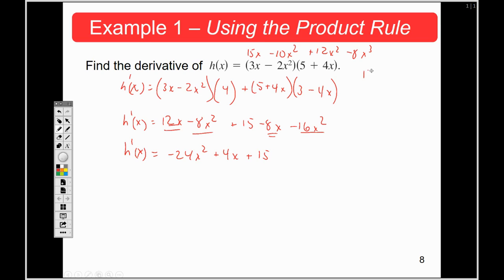So if I had 15x plus 2x squared minus 8x cubed, and I did just the power rule, here's my 15. This is going to be 4x. This is going to be negative 24x squared. You can see it right there, right? Easier to do this, but right now we're trying to learn how to do the product rule when it's more complicated. So there we go.